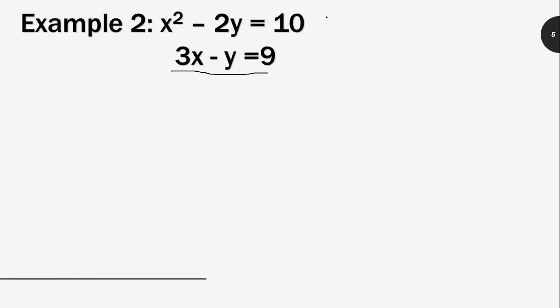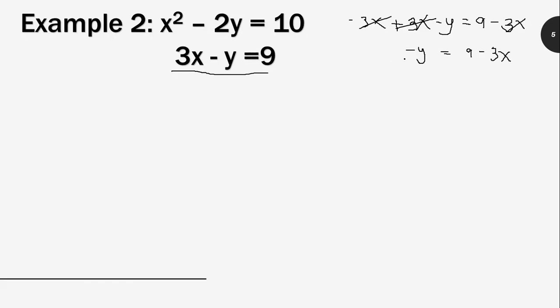Since may katabi po ang y natin na positive 3x, the opposite po is negative 3x. Minus 3x plus 3x is 0, then negative y is equal to 9 minus 3x.